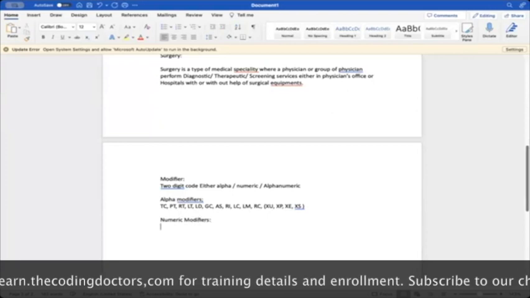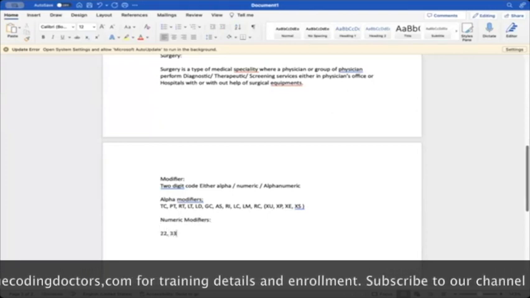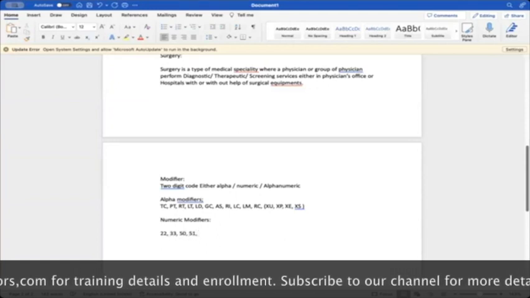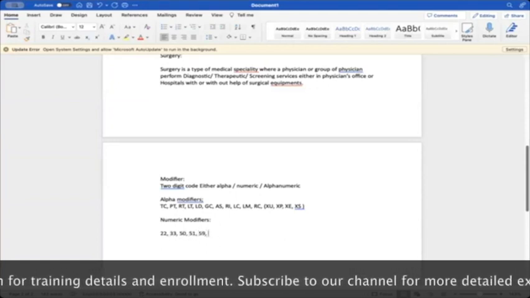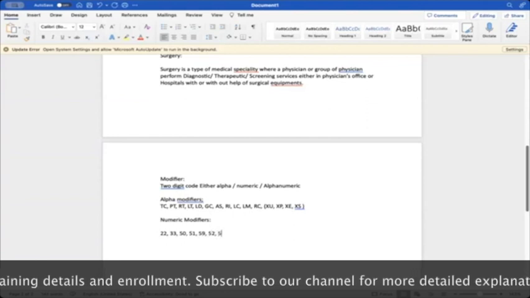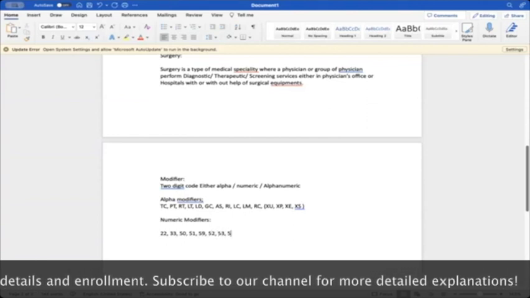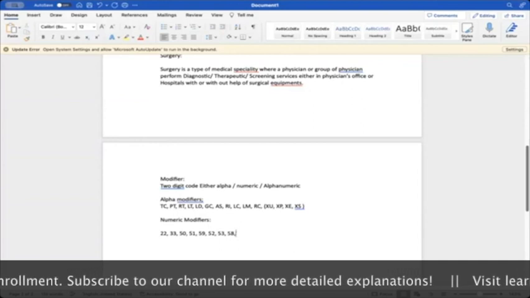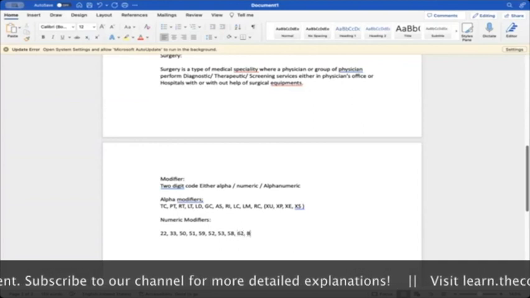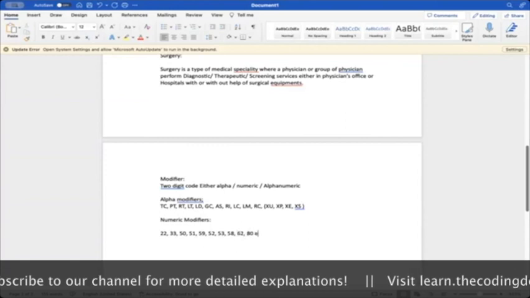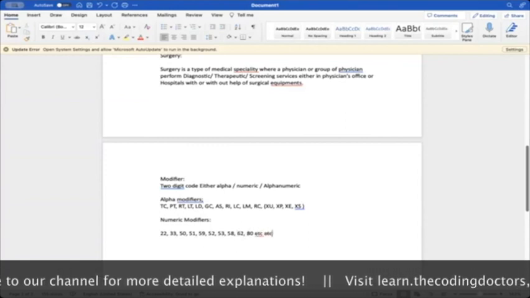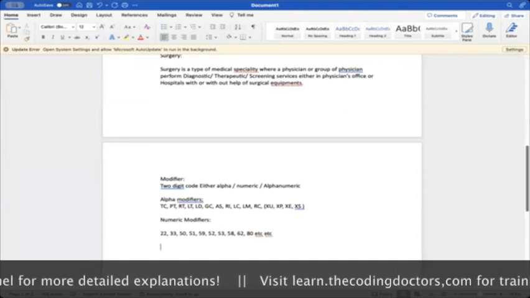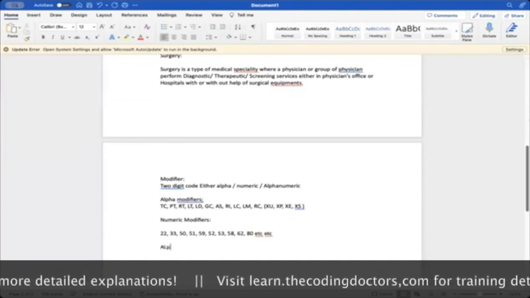From 22, we can say 33, 50 bilateral modifier, 51, 62 two surgeons, 52, 53 discontinued procedure, 58 staged procedure, 59, 66, 80, 76, 73, 74, 78, and so on.